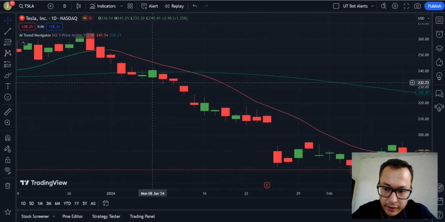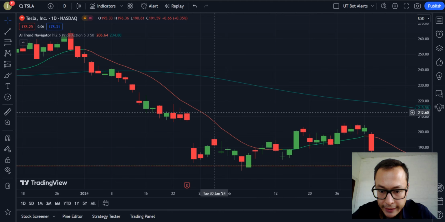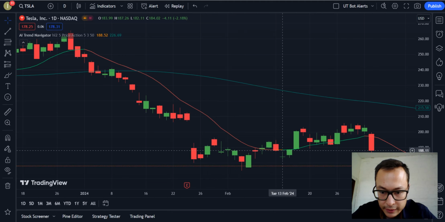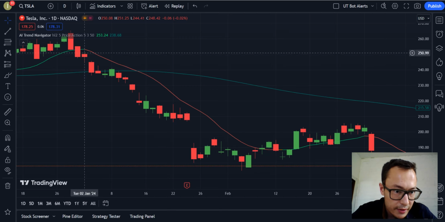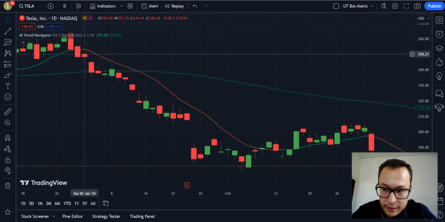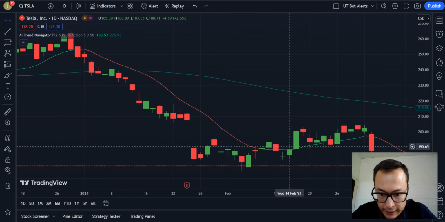and then we would wait until the AI Trend Navigator shows the green line again, and it shows the green line again on February 13, 2024. So we can see here that if we were to sell our Tesla stock on January 2nd, 2024 at $250.21 per share, we would avoid huge losses.